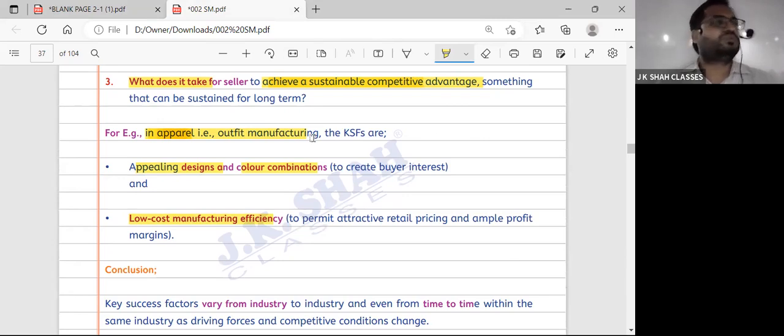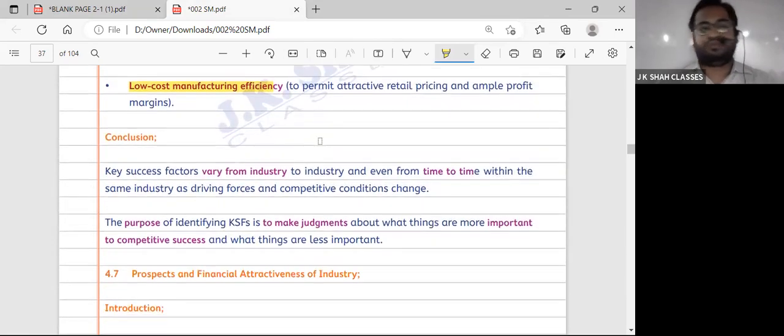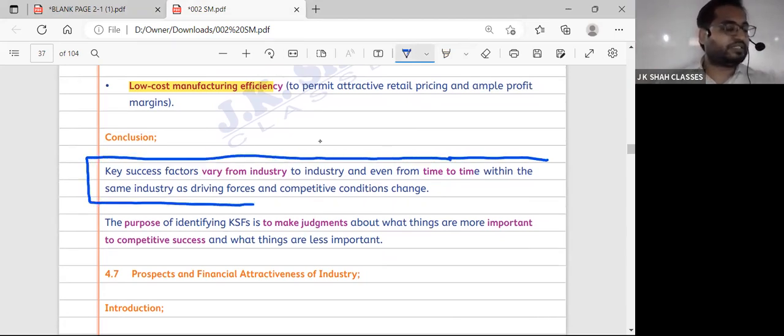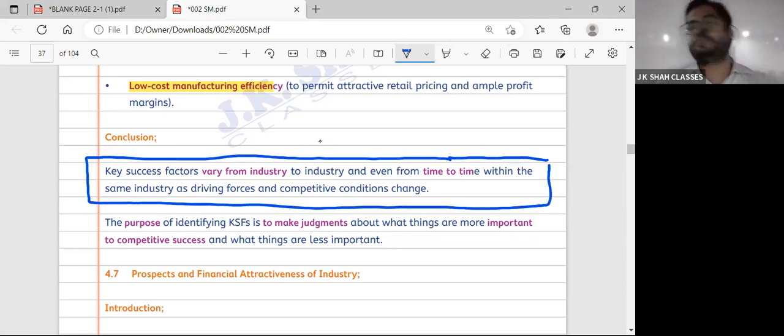Any doubts? No. In the morning batch also I asked, and there I got very good answers, so I expect the same from you. Generally I don't read the conclusion, but you will read this and decipher this for me. I'll give you 2 minutes, think and answer.